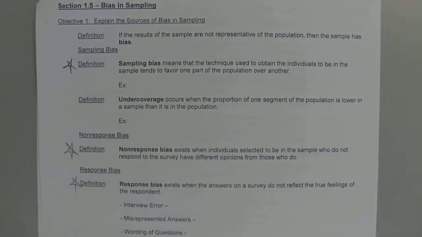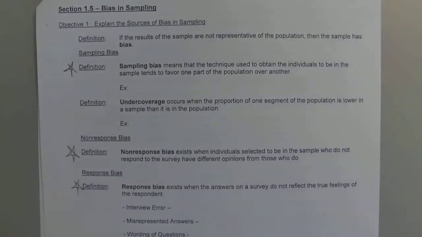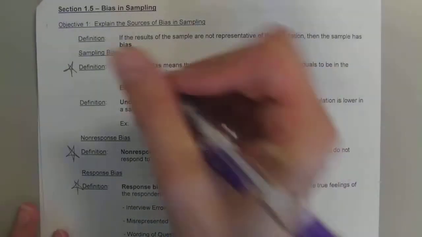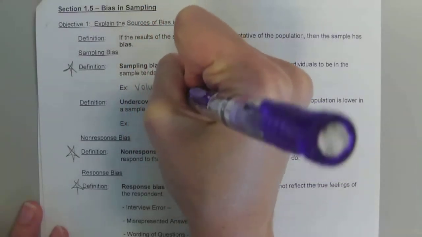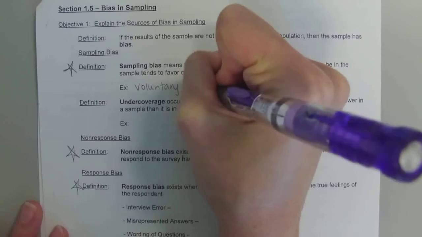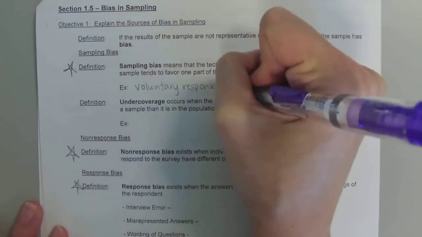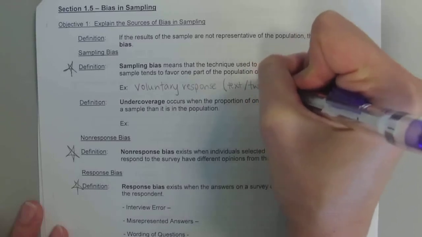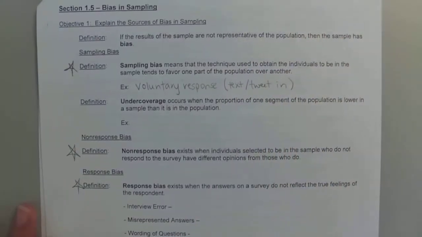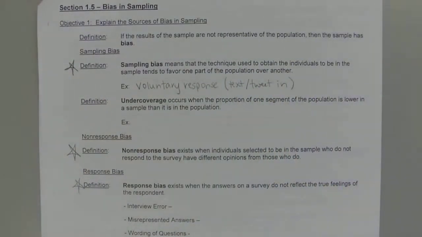So one type of sampling bias would be voluntary response. So text or tweet in. What do I mean by that?